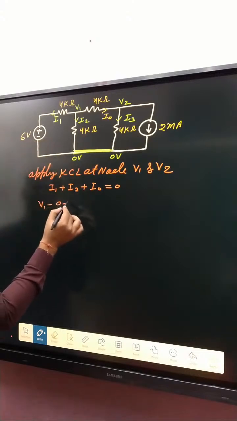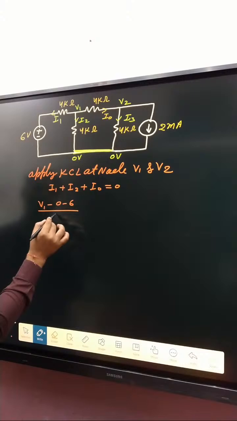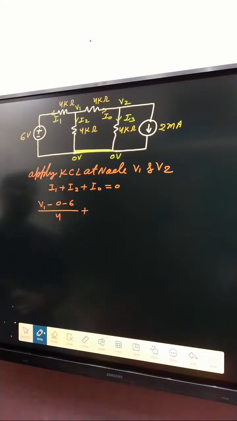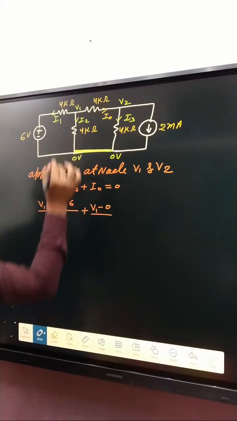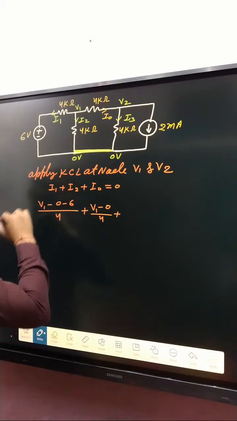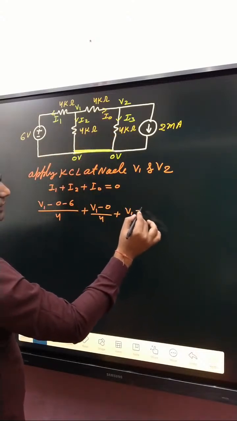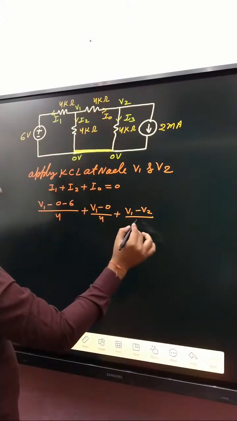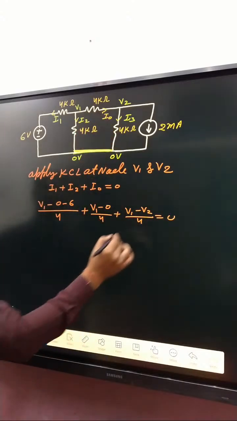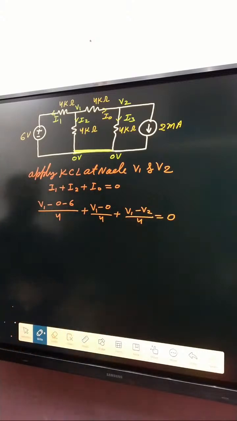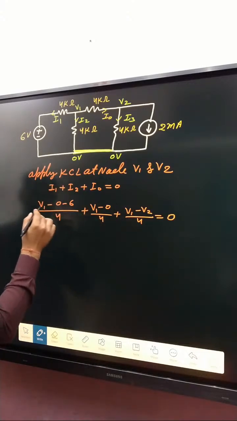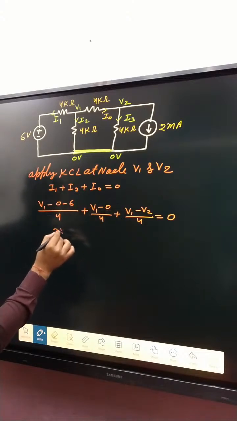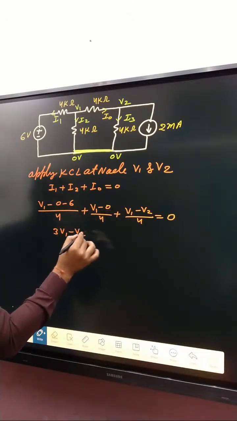Current leaves from the negative terminal, so -6 divided by 4 kilo ohm. Plus I2, which is V1 minus 0 divided by 4 kilo ohm. And I0 is V1 minus V2 divided by 4. This is equal to 0. If you take the LCM, we get 4, 4, 4, so V1, V1, V1, that is 3V1 minus V2 equal to 6 volt.